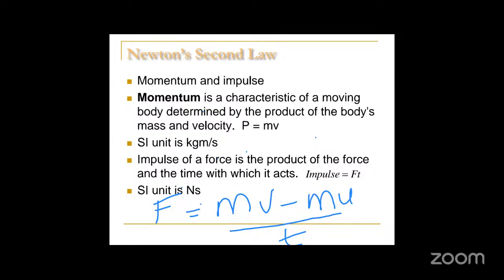So if I move t across to the F side, I will have Ft is equal to mv minus mu.